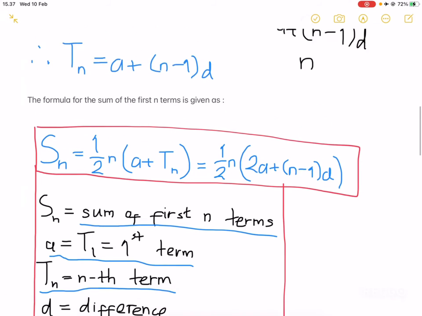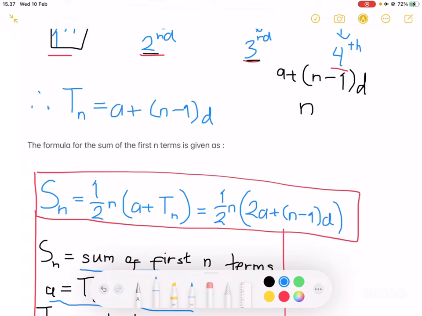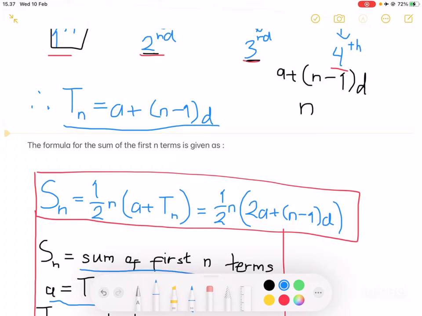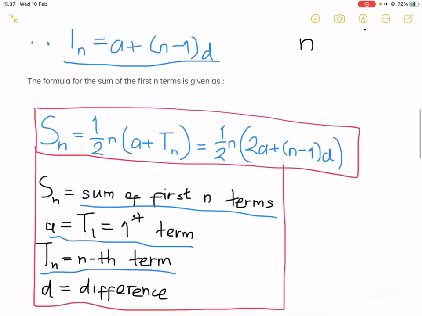Or you can just substitute the fact that tn is a plus (n minus 1)d to get something like this: a half n times (2a plus (n minus 1)d), where d in this case is the common difference.